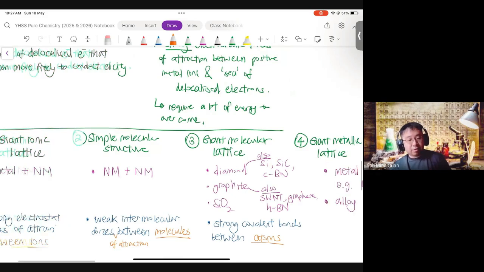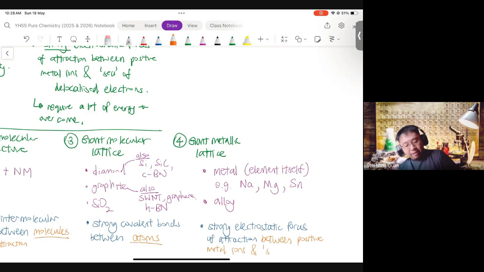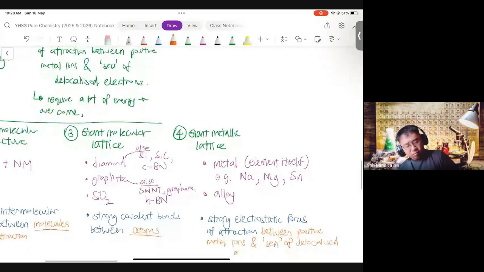Finally, giant metallic, strong electrostatic forces of attraction as well between positive metal ions and the sea of delocalized electrons. Okay, so this one is also different from ionic.